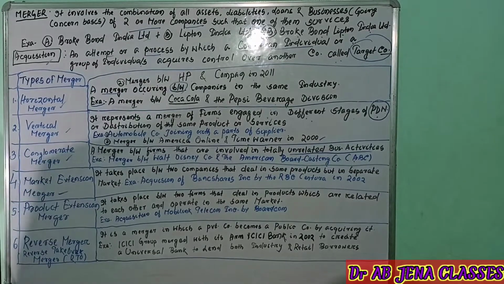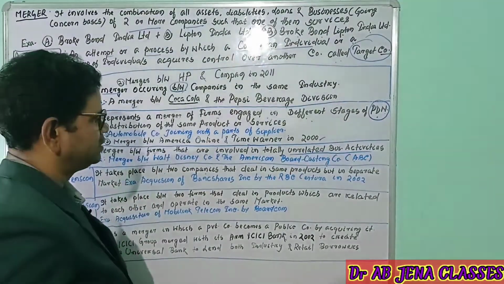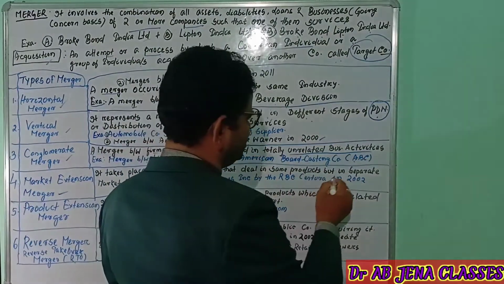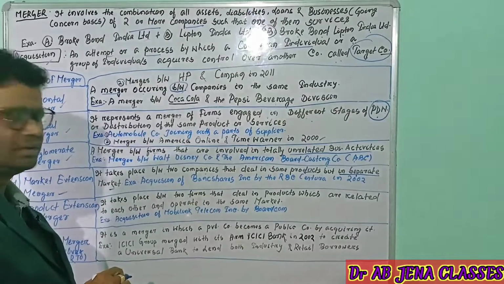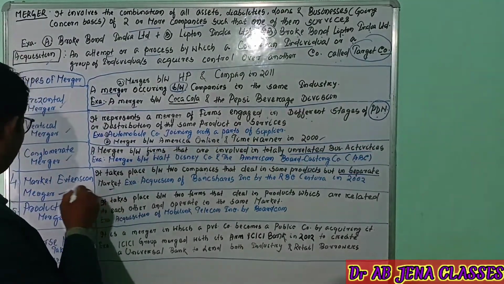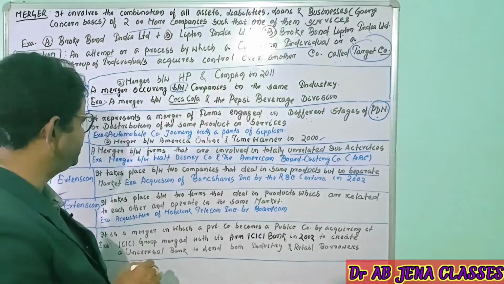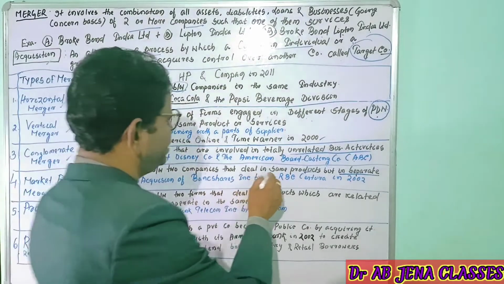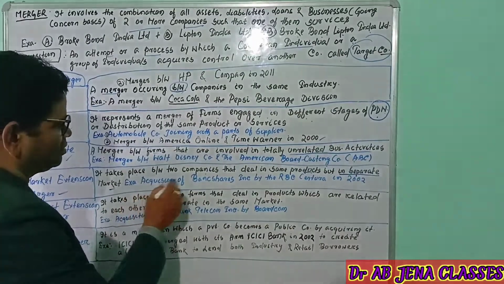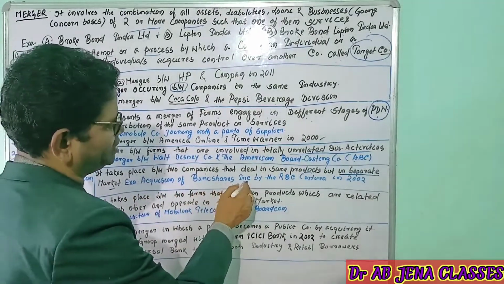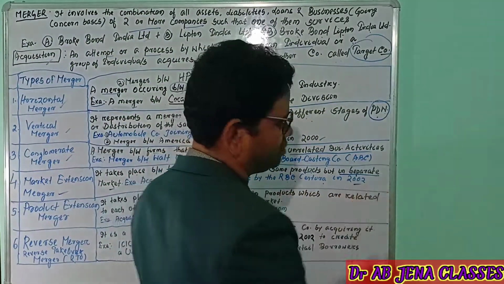What is this market extension merger? It takes place between two companies that deal in the same products but in separate markets. Dear friends, once again I am repeating, the market extension merger takes place between two companies that deal in the same products but in separate markets. Example: the acquisition of Bank shares and she incorporated by the RBC Centura in the year 2002.